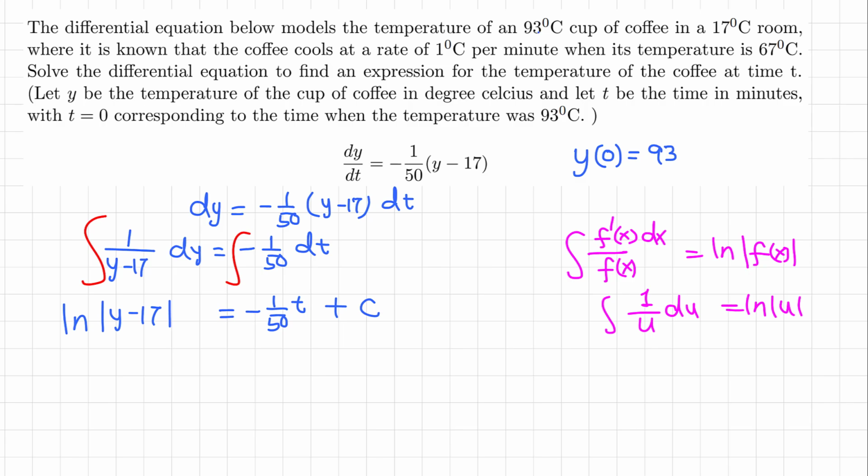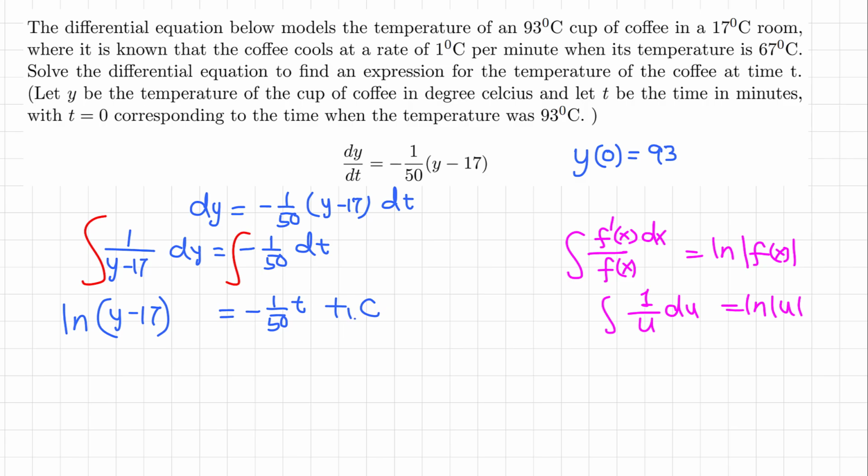Started with 93, so y is always bigger than 17. So this thing is always positive, so we don't need the absolute value. We can simply write parentheses here. That way we don't have to worry about removing it later, because y is bigger than 17. y is the temperature of the coffee.